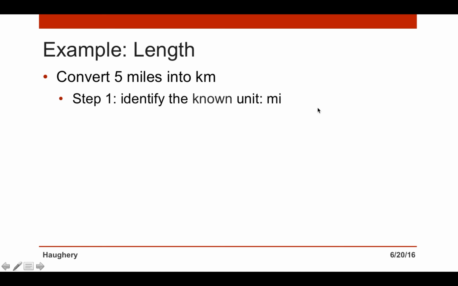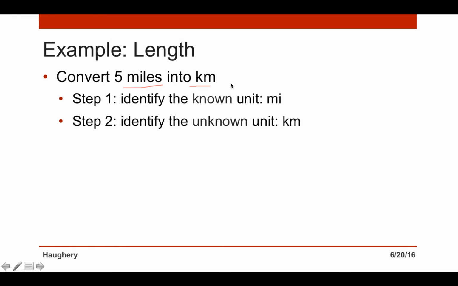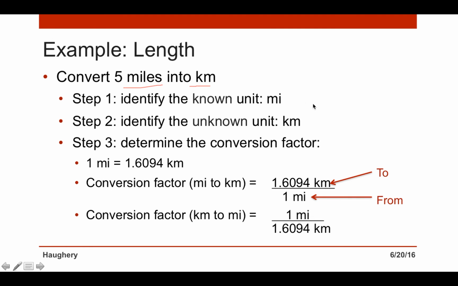So let's give an example here. We're converting 5 miles to kilometers. Of course we know we have miles, but we don't know how many kilometers we have. So our unknown is the kilometers. We know we need kilometers, but we don't know how many. And then we need to determine the conversion factor. If we looked at a unit conversion, we would see that 1 mile equals 1.6094 kilometers.